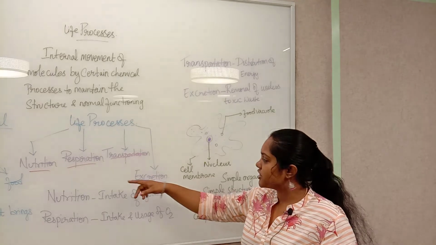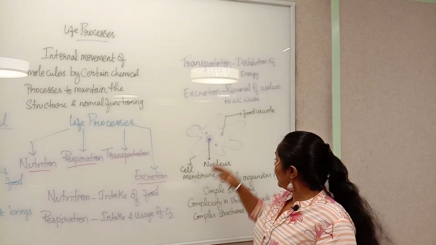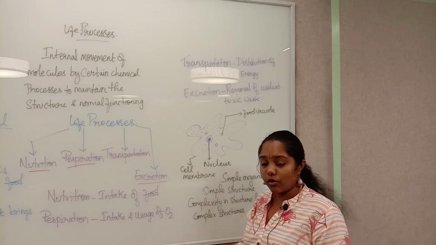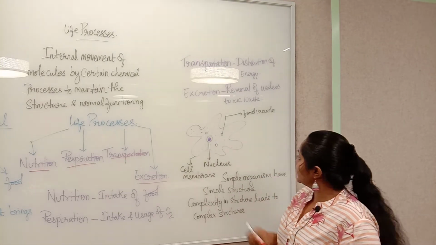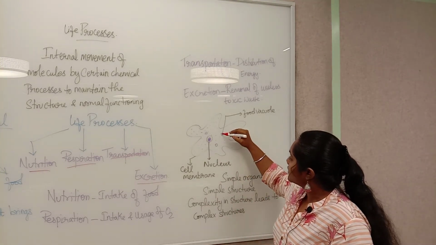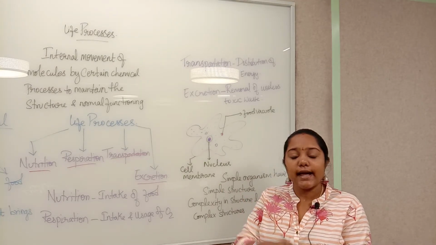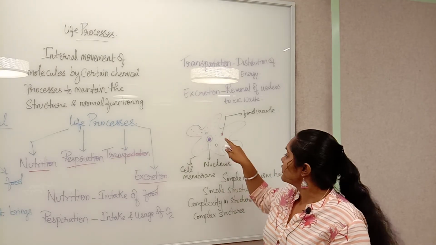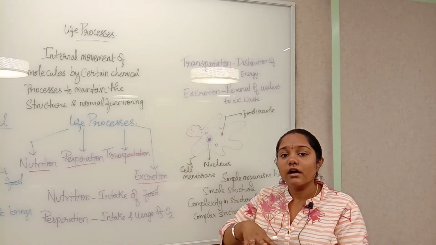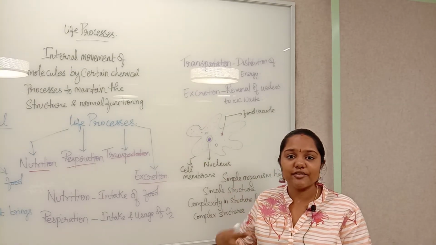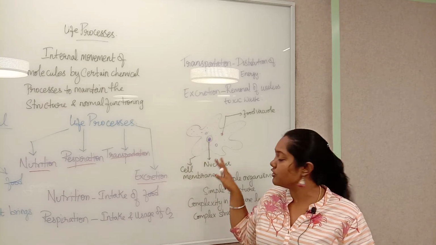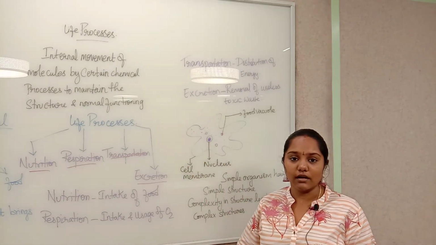Clear? Now nutrition and respiration are done. And in your lower classes you would have also understood that when the amoeba gets the food, the food vacuole engulfs that food, digests it, and once the energy is produced, the food vacuole destroys itself and releases the energy into the whole body of the amoeba.